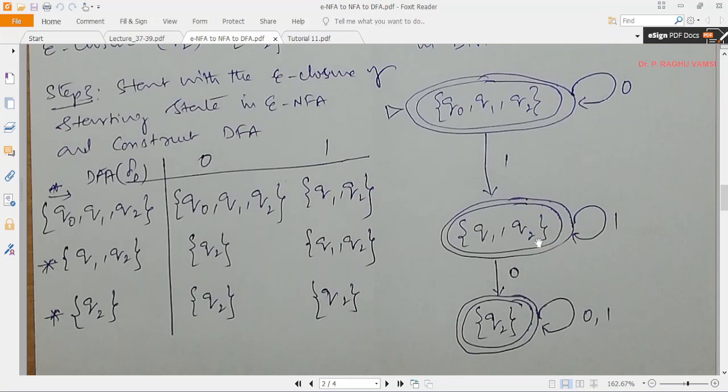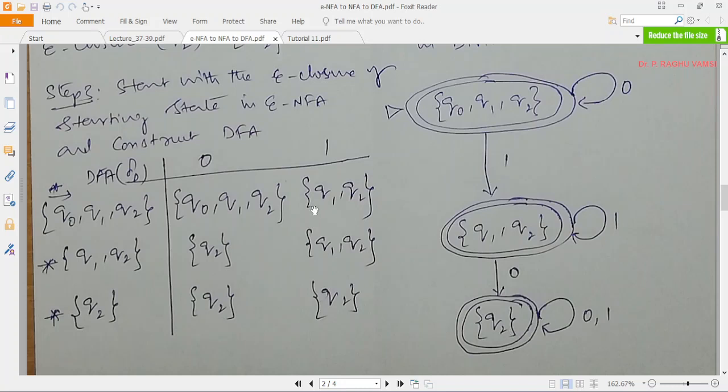So {Q1, Q2} is the set which is again a final state, since Q2, the final state in the NFA, was available. Now {Q1, Q2} on 0 goes to state Q2. {Q1, Q2} on 1 remains in the same state. Now on Q2, either you give 0 or 1, it results in the same state.